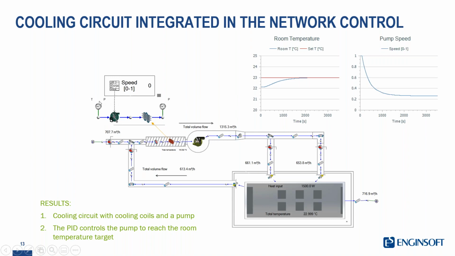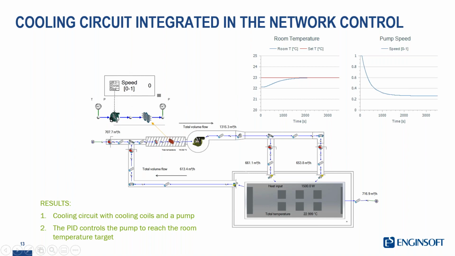HVAC system. This regulates the amount of heat that is removed from the HVAC system, and to regulate the condensing part that is happening here, you can also introduce a PID, which is a standard controller.